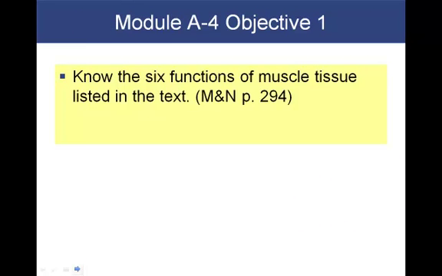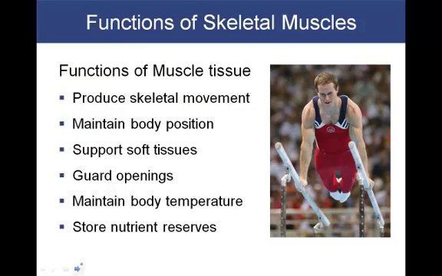In Objective 1, we're going to look at the functions of muscle tissue. And the book identifies 6 main functions. The first function is to produce skeletal movement. Again, as a muscle is connected to our skeletal system, as that muscle contracts, it allows for the movement of that bone.